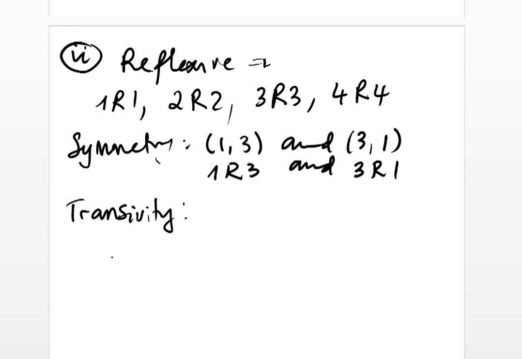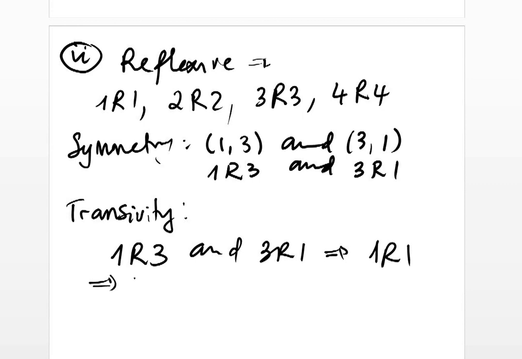So from that set, we have 1 relates 3, and 3 relating 1. Here we have 1 relates 1. This implies that R is transitive.